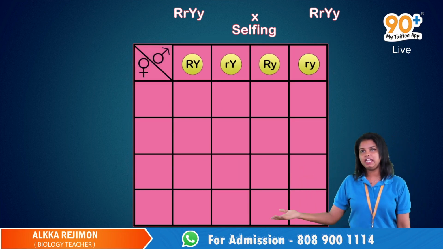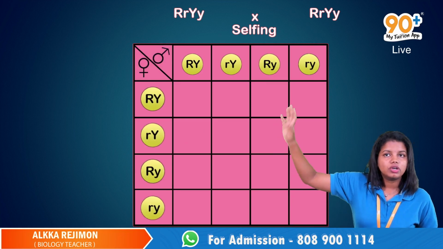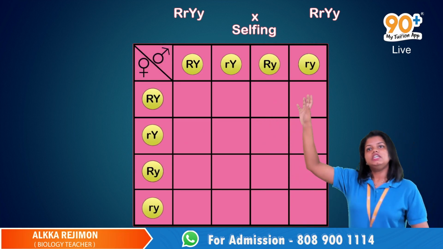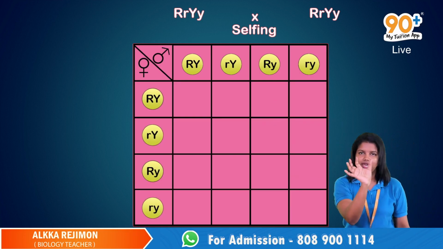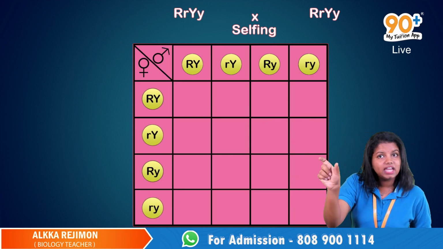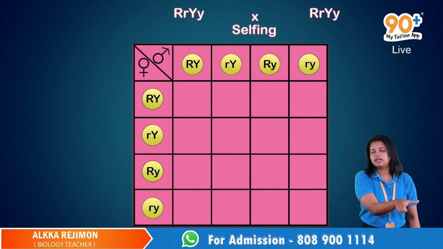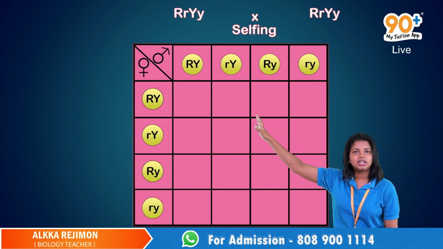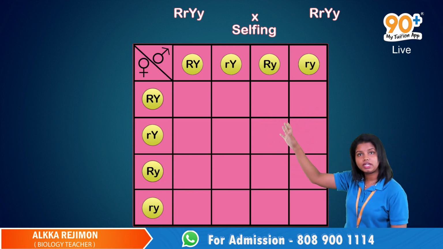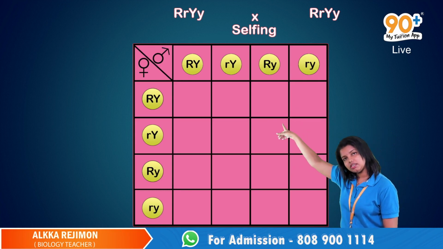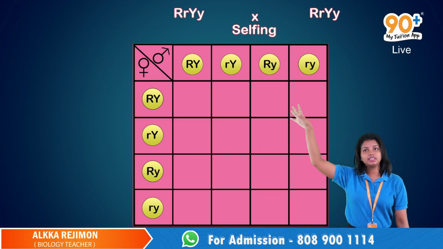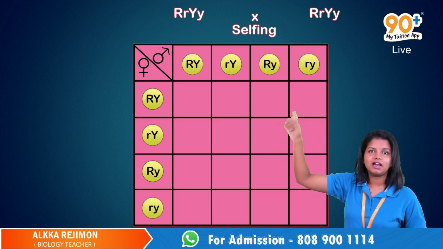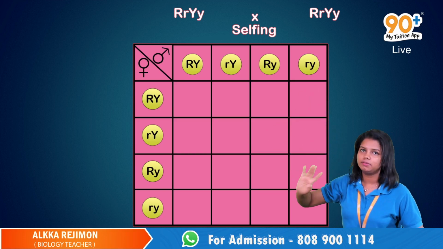You have the male and the female. So capital R small r capital Y small y is our parent, the F1 generation. This parent can make 4 types of gametes, and those 4 types of gametes are introduced here. Which are the 4 types? There can be a capital R capital Y gamete, a small r capital Y gamete, a capital R small y gamete, and a small r small y gamete.